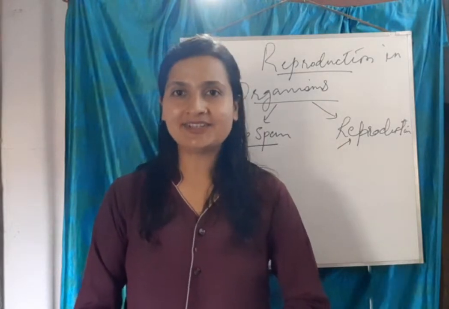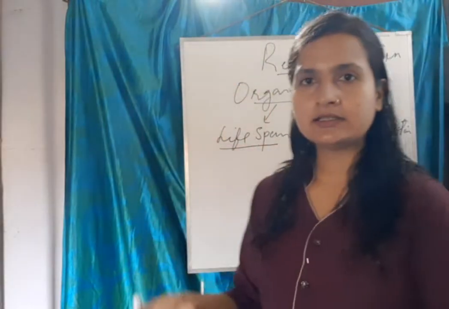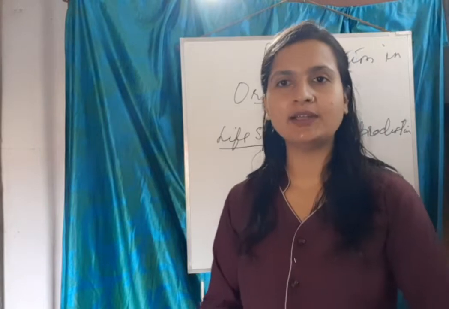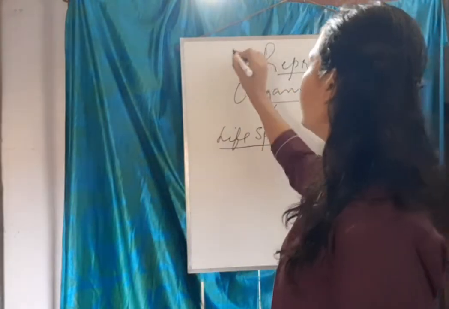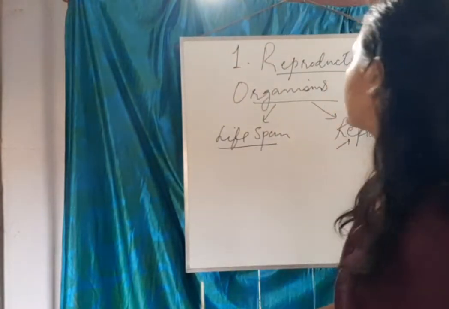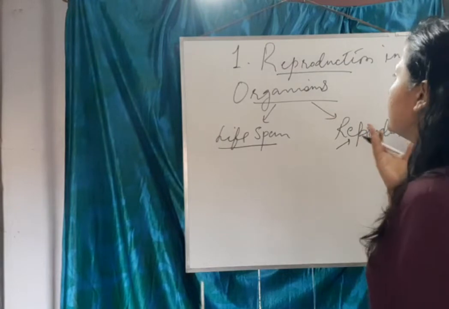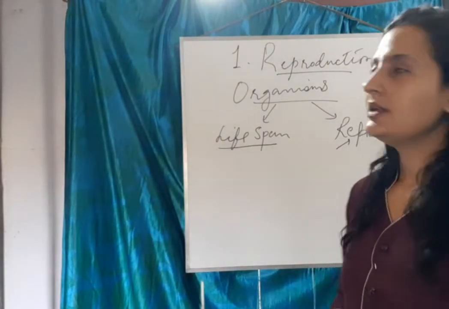So let's start our first chapter. Students, you know that this month I shall be covering two chapters, right? Chapter 1 and chapter 2. Today I'm going to start chapter 1, that is reproduction in organisms. This term is familiar to you, right?